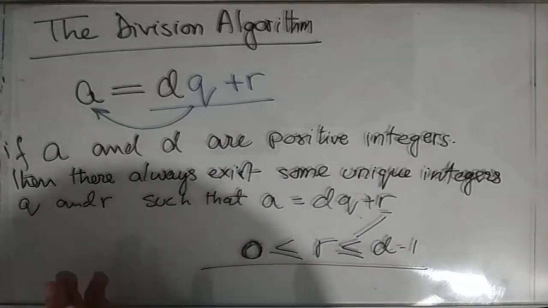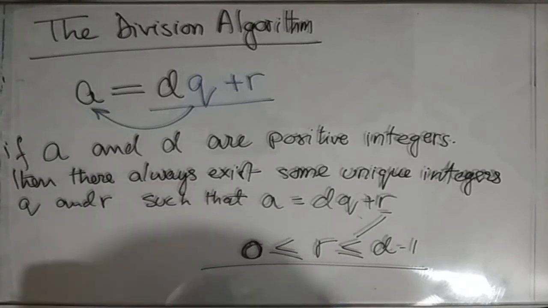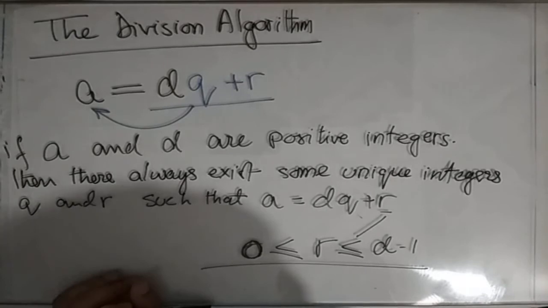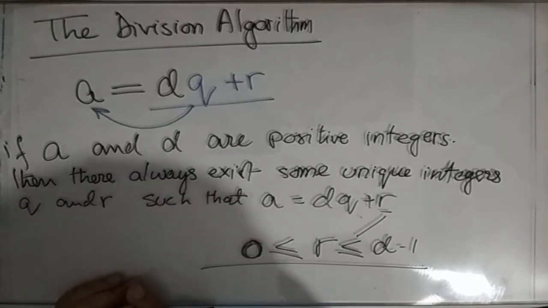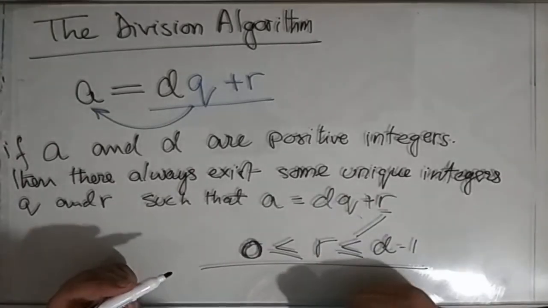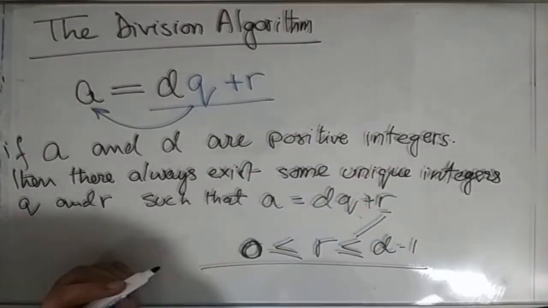So the division algorithm is nothing more than when we first started to learn division, and we didn't know that real numbers existed. We only knew integers, and we were little kids who could only count on our fingers.